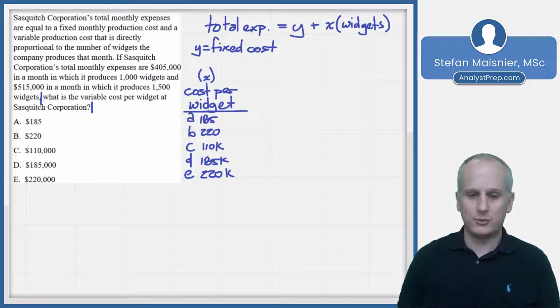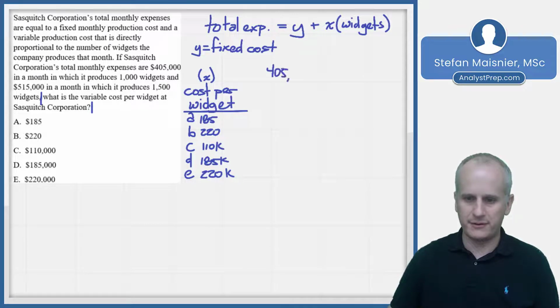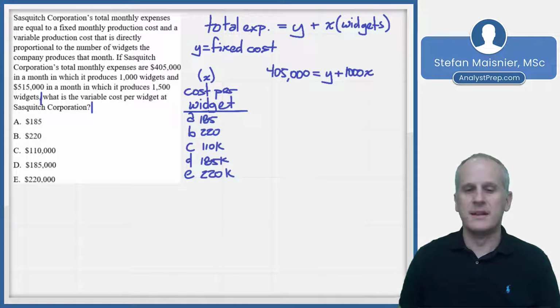So if Sasquatch Corporation's total monthly expenses are $405,000, so we can say $405,000 in a month in which it produces 1,000 widgets. Okay, so that's going to be equal to our monthly expense of y plus 1,000 widgets times the variable expense of x.